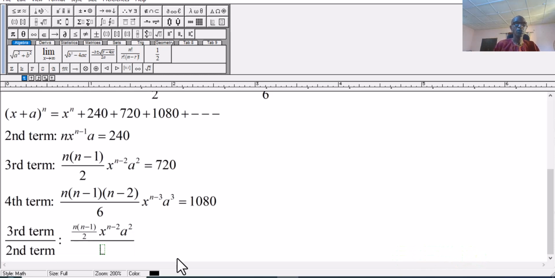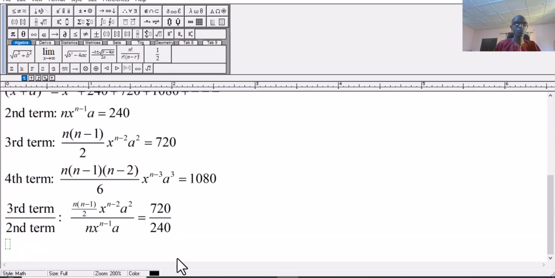The third term over the second term equals 720 all over 240. So we just divide that and let's see what we get.